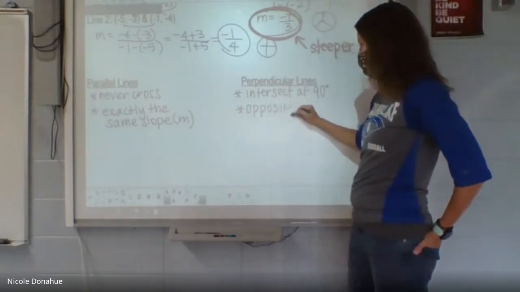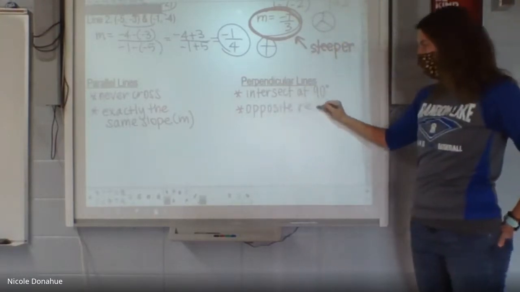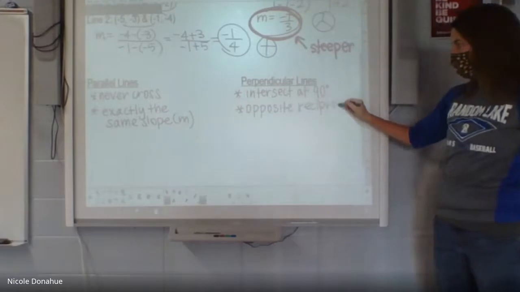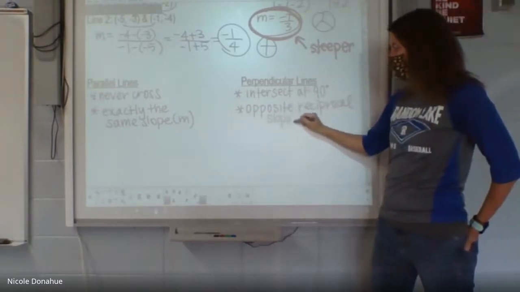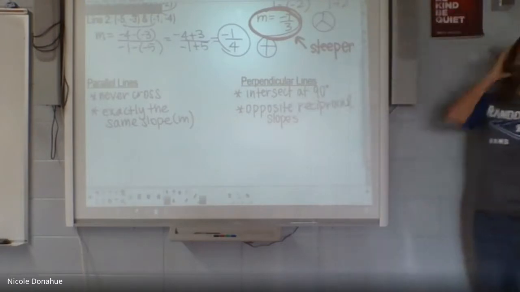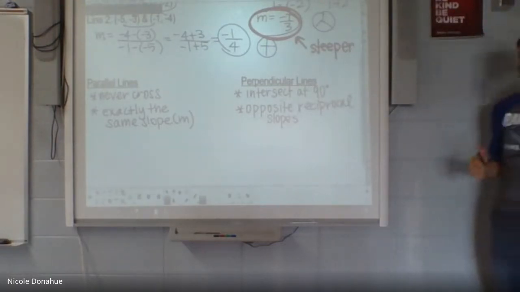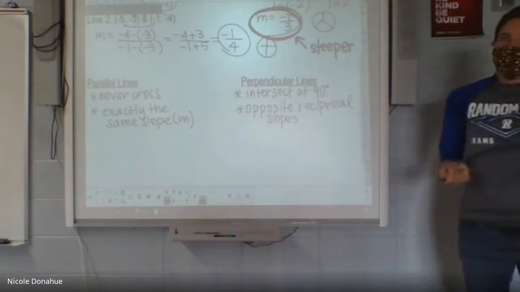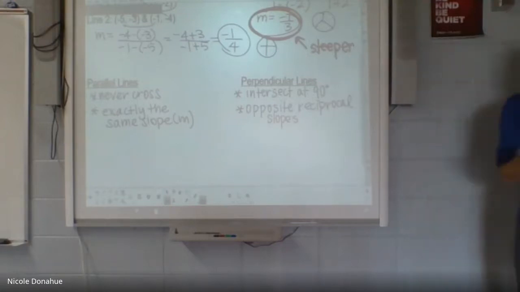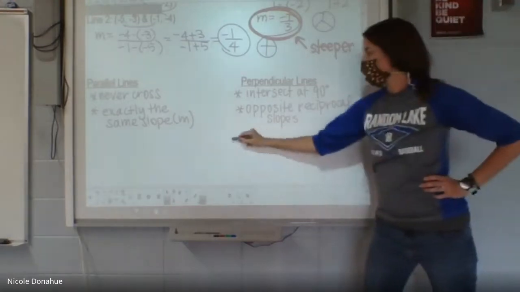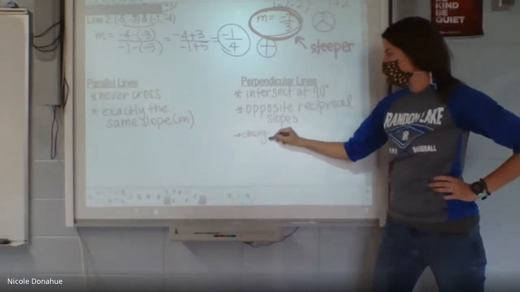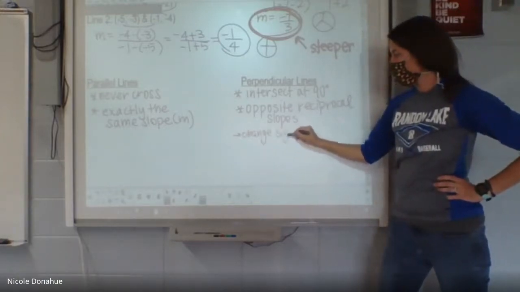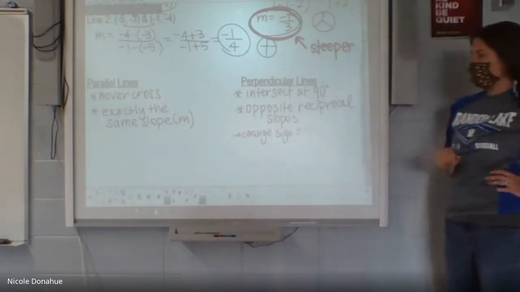And I'll write it in real people words in a second as well. So they're opposite reciprocal slopes. And what that means is, opposite means I change the sign, so either positive or negative.